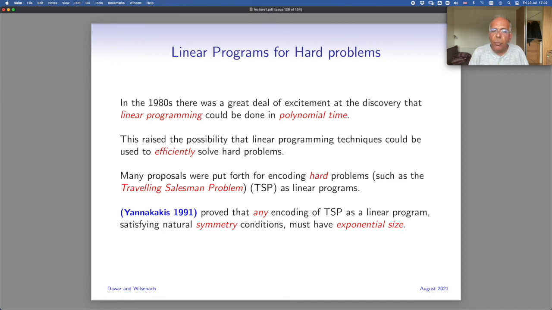And the reason for considering it, the reason put forward by Yannakakis, was that any natural way of encoding a problem like the traveling salesman problem into a linear program seems to have symmetries, because if it's natural, it reflects the symmetries of the problem itself in the linear program.